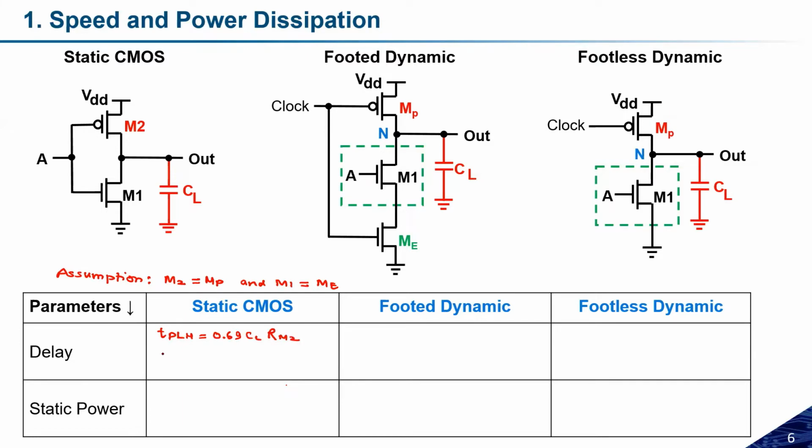Similarly, the TPHL will be 0.69 CL into R M1. If we consider the footed dynamic one, in that case the TPLH will be 0.69 CL into R MP. Here R MP means simply I am considering the on resistance.